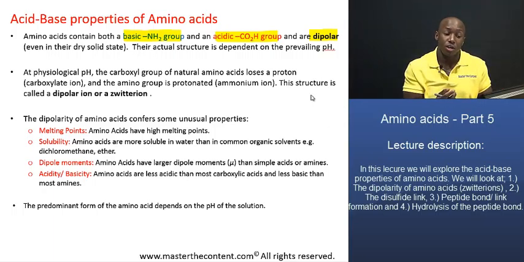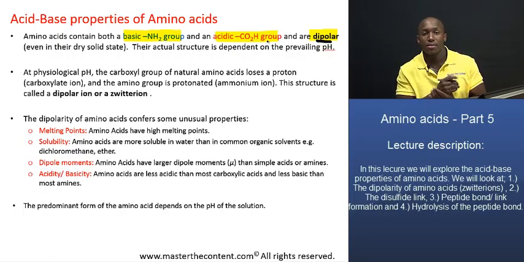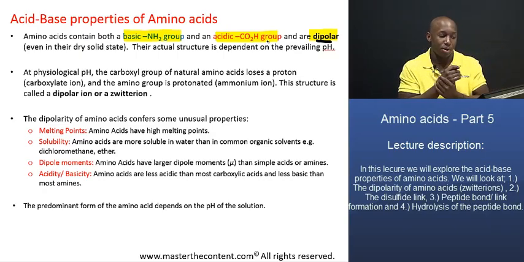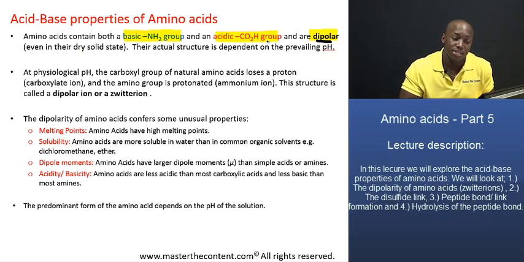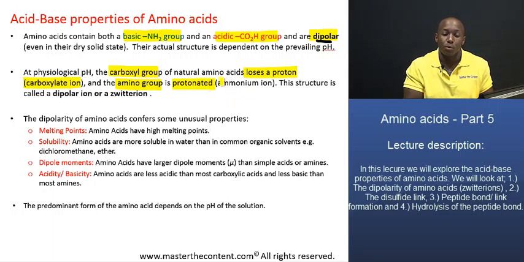Now, at physiological pHs, so at a pH of about 7.0, natural amino acids will exist in this dipolar state. So they will tend to exist in a state of having both negative and positive charges. What happens in this case is that the carboxyl group of the amino acid will lose a proton to form a carboxylate ion, and the amino group will be protonated to form an ammonium ion.